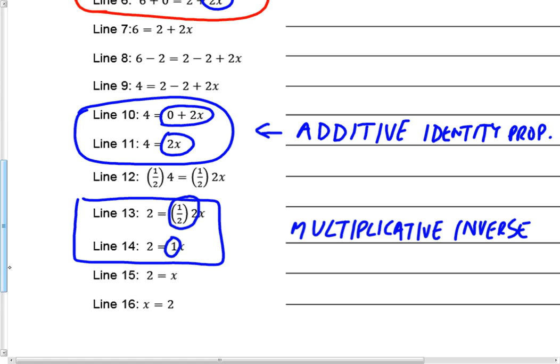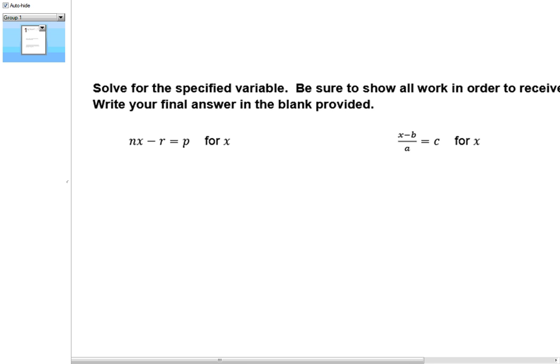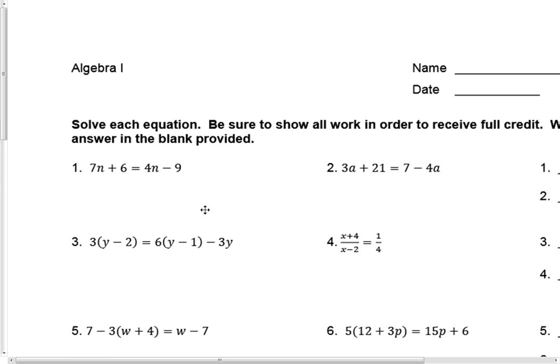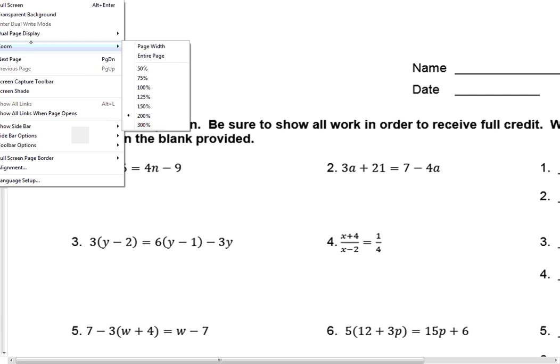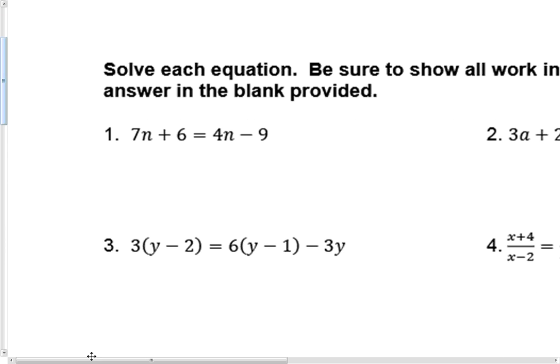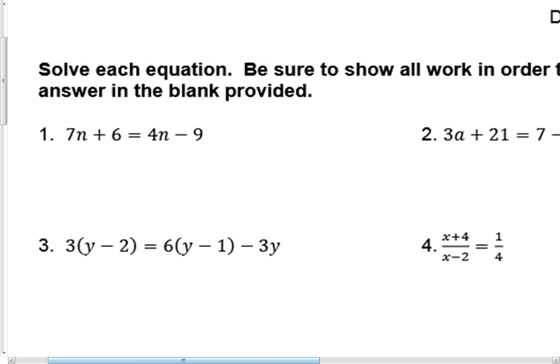The ones I need you to work on. I need you to do numbers 4, 5, 7, 9, and 10.